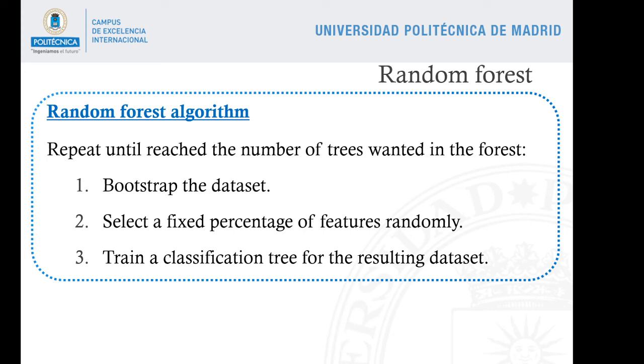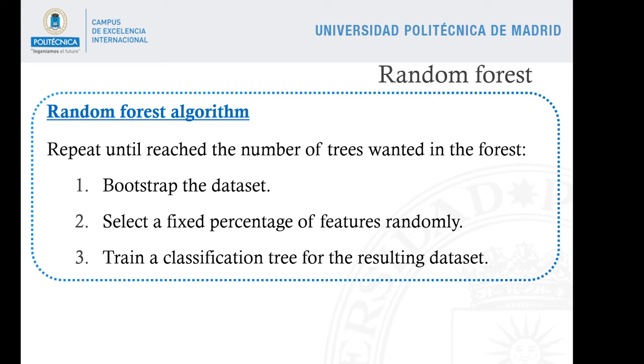Why do we also select a percentage of the features? Because decision trees, as I said before, tend to have the same root. So if we have the same root, maybe we might have similar trees at some point. To avoid that, and so that we have very different trees, we are also going to select the features randomly.